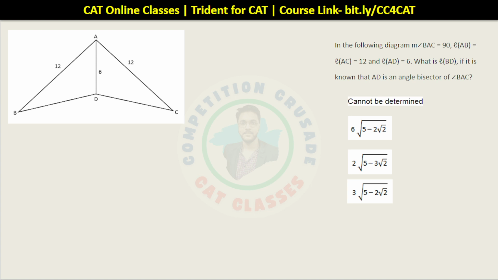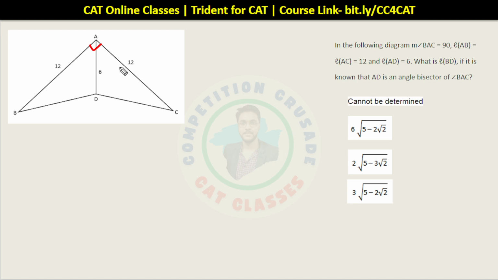Okay, this question: in the following diagram, measure angle BAC is 90 degrees, and length of AB is equal to length of AC, which is 12, and AD is 6. All of that is given in the figure.